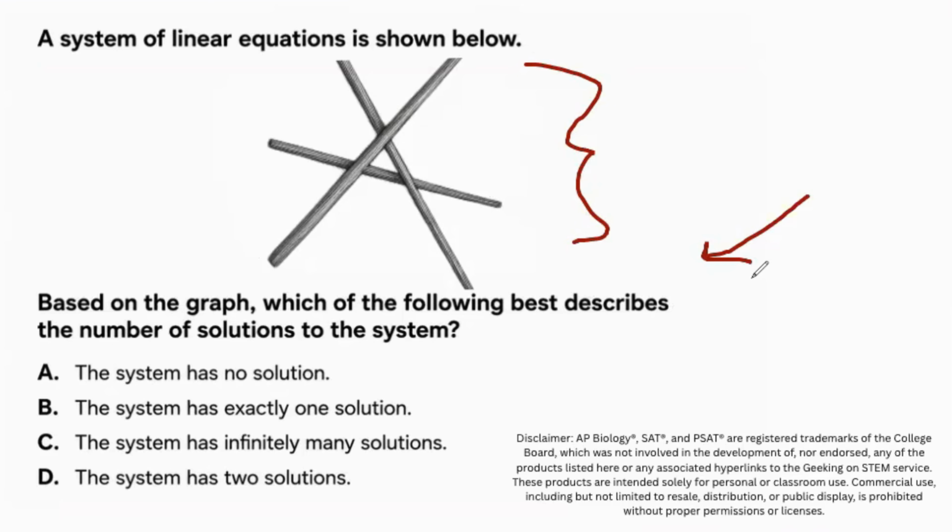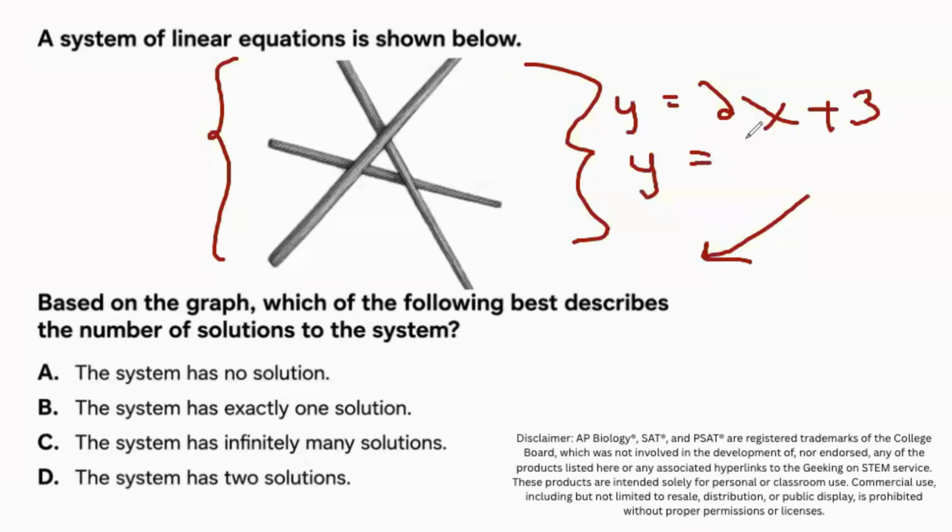Here's the thing. For the digital SAT, there are a couple of formats that they could give you for this type of problem. One, they can actually give you the graph just like this, or two, they can give you a system of equations, such as y equals 2x plus 3, and then y equals 1/2 x plus 4, something along the lines of y equals mx plus b.